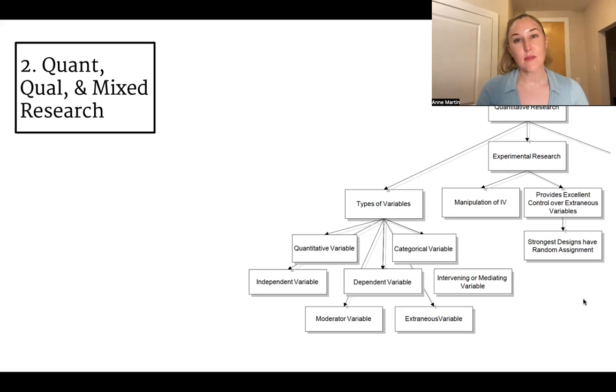So those are the variables. Now I'm going to talk a little bit about experimental research. Experimental research is the most rigorous type of research if you are trying to make hypotheses and predictions about causation and determining what the outcomes are.